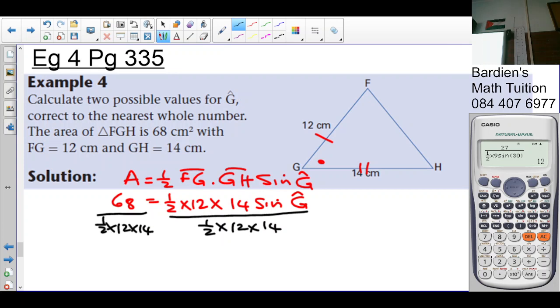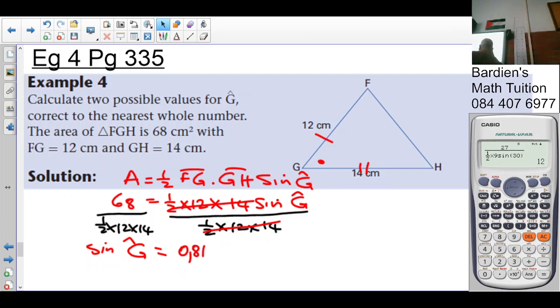That cancels, leaving you with sine of angle G equals 68 over half times 12 times 14, which is 17 over 21.